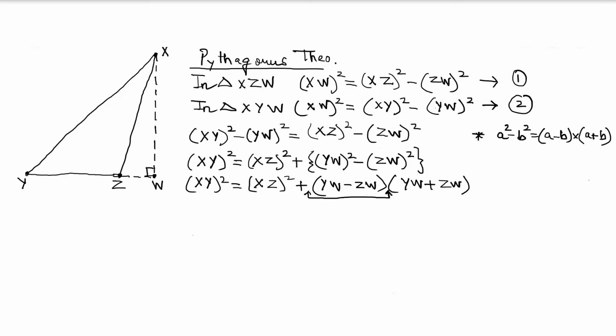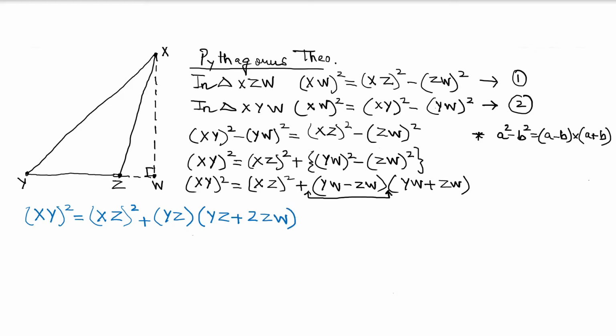So finally, can we say that xy whole square is nothing but xz whole square plus yz now, and then yw plus zw can be written as yz plus zw, which makes it twice of zw.